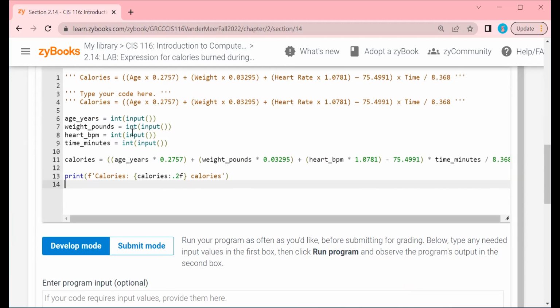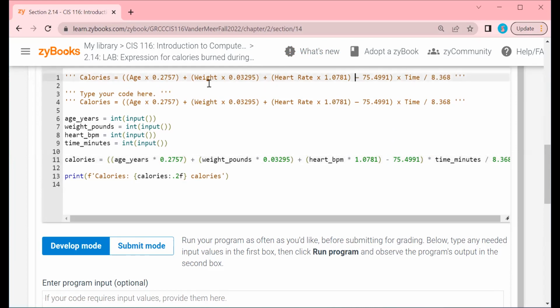I'm converting them to integers because I'm just taking in whole numbers. My formula is put out here for me. Be careful if you copy and paste this formula, because this uses X and not asterisk, and it uses a dash or a hyphen instead of a minus sign for subtract. Ooh, they're trying to get ya.